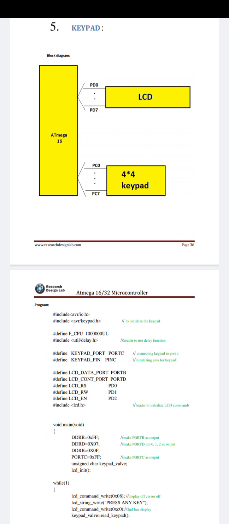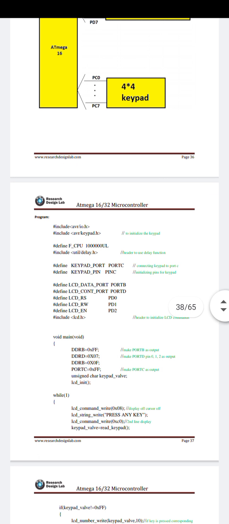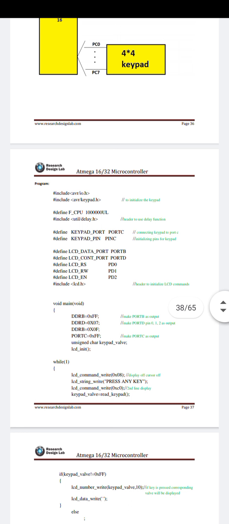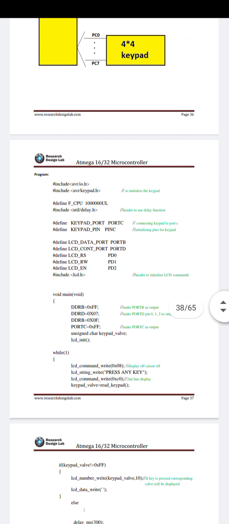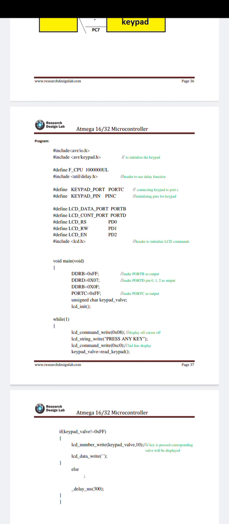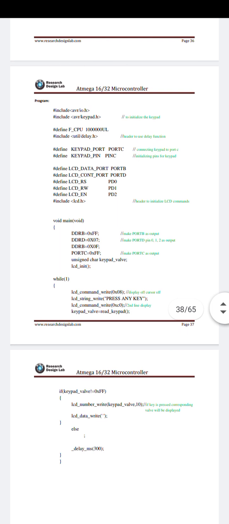Now we have to write these programs. Hash include avr.h, define the values for delay, then define the keypad port, port C is used, then define LCD data, these commands, that is port D. Then the main program starts here, DDRB is equal to 0xFF, that is the output goes from port B. DDRD is equal to 0x07, that means port D pin numbers 0, 1, 2 are the outputs.